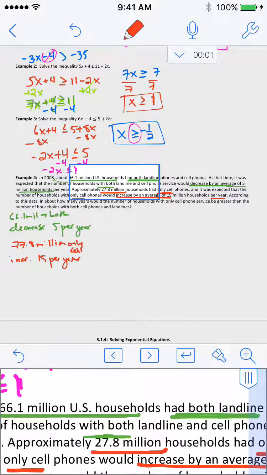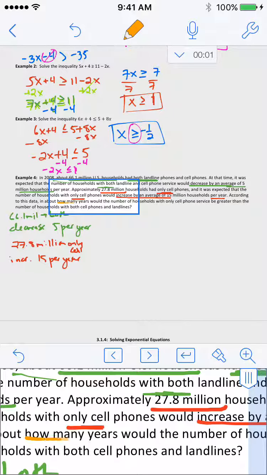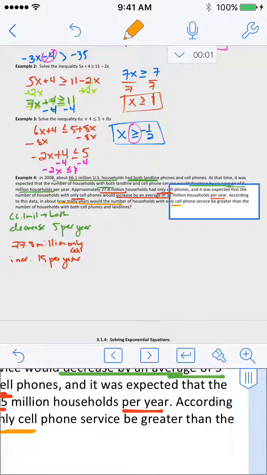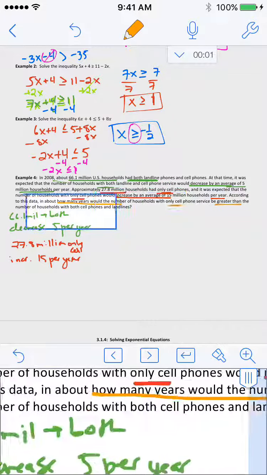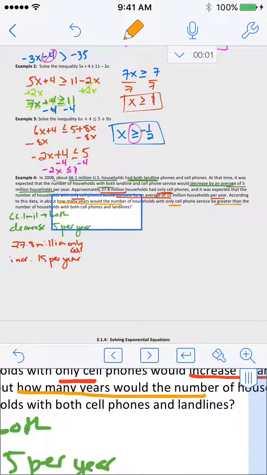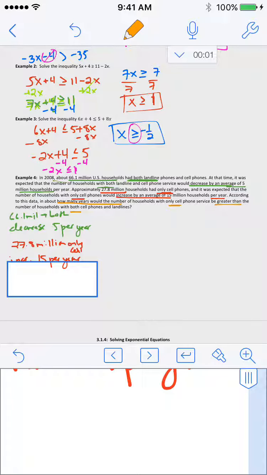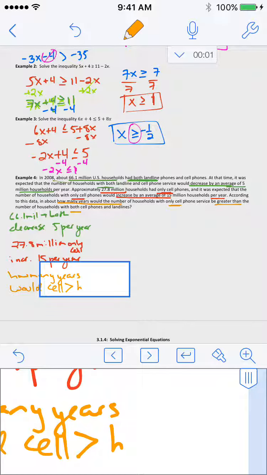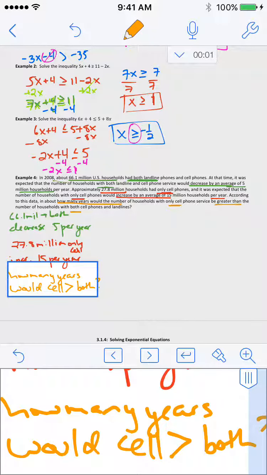According to this data, about how many years would the number with only cell be greater than the number with both? So in how many years would cell be greater than both? That's the question, right?